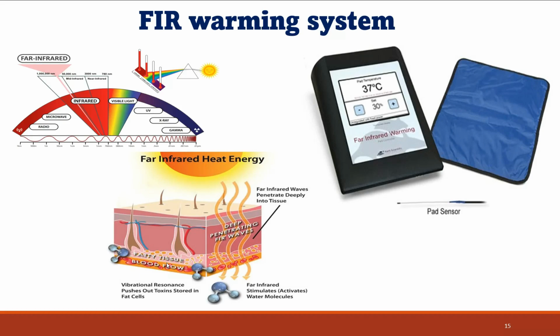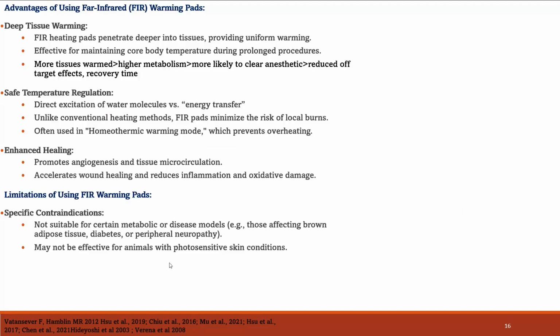And the best advantage is that, unlike other traditional warming systems, which require animal contact for warming by conduction and convection, FIR does not require that the animal be in direct contact with them. Most of the advantages I've already discussed. The specific contraindication is that they cannot be used in specific metabolic or disease models such as brown adipose tissue metabolism, diabetes, and peripheral neuropathy.